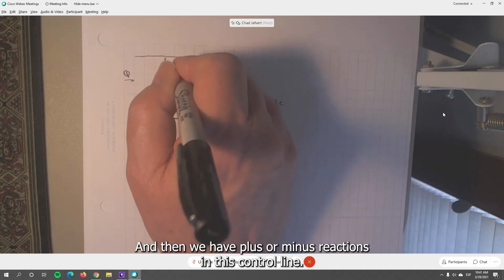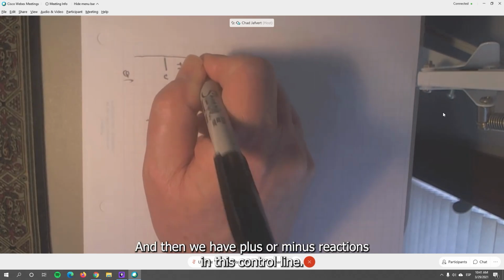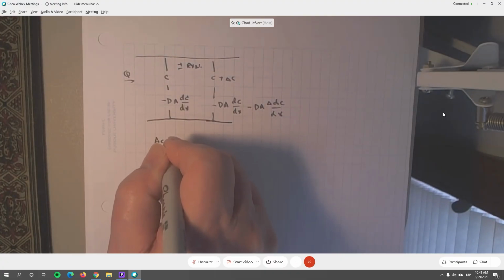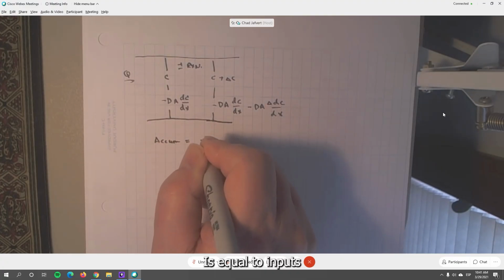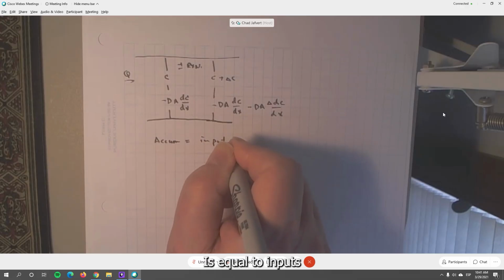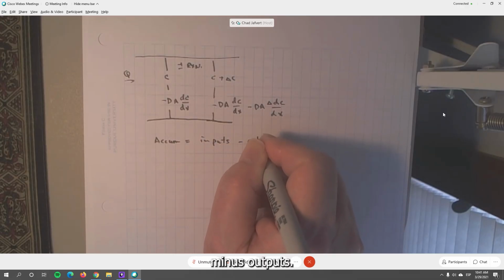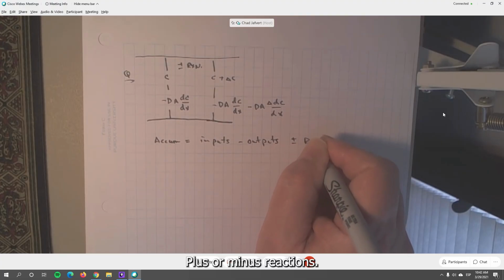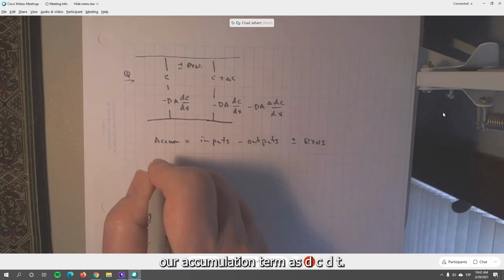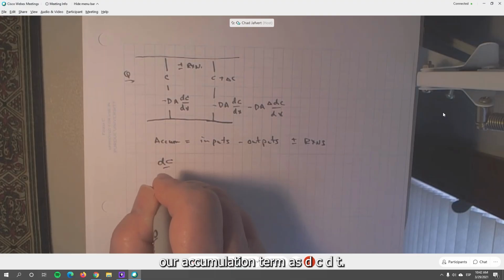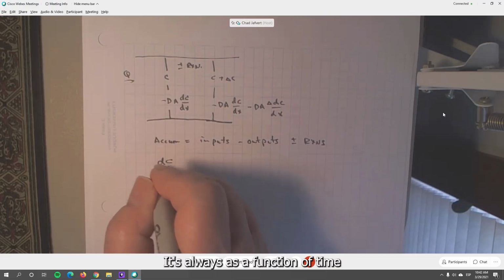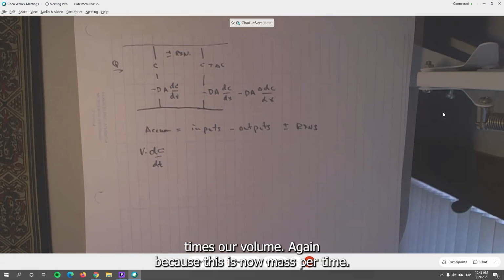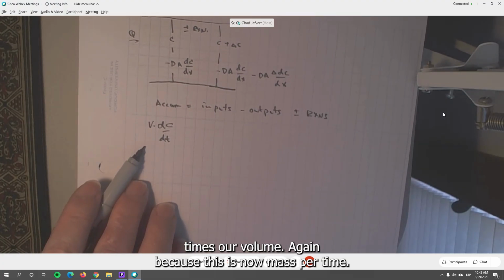And then we have plus or minus reactions in this control volume. So our accumulation term is equal to inputs minus outputs plus or minus reactions again. Our accumulation term is dC/dt, always as a function of time, times our volume again, because this is now mass per time.